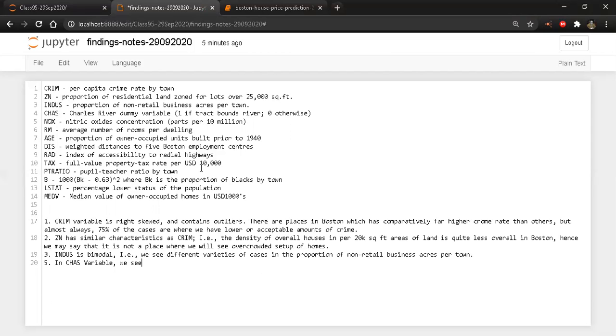We see imbalance in the sense that we have more cases where the tract does not bound the river as opposed to the otherwise cases, right?